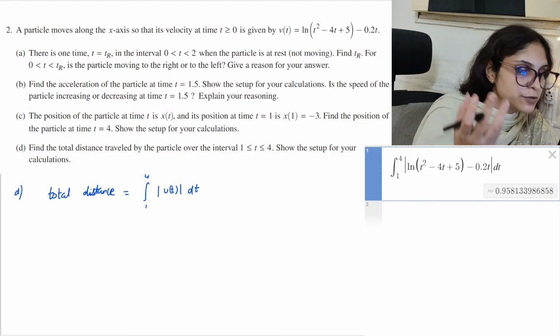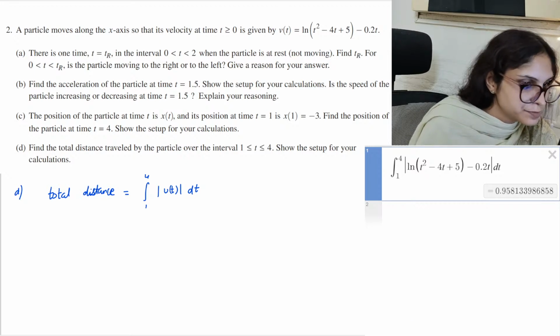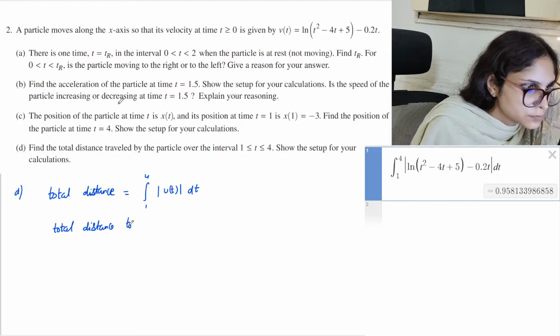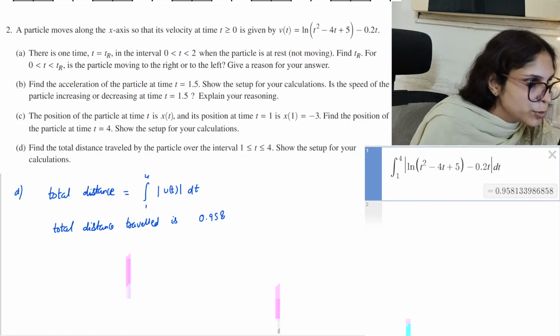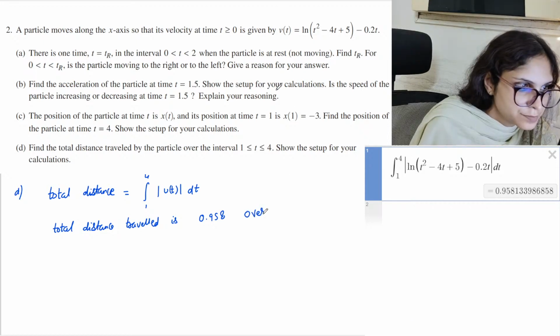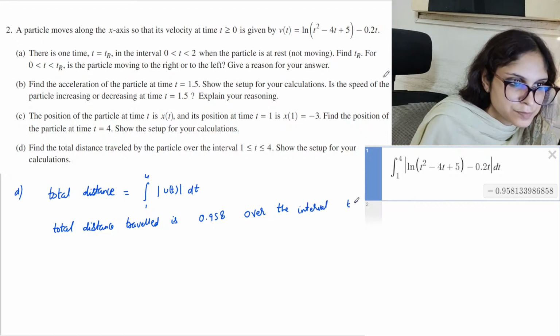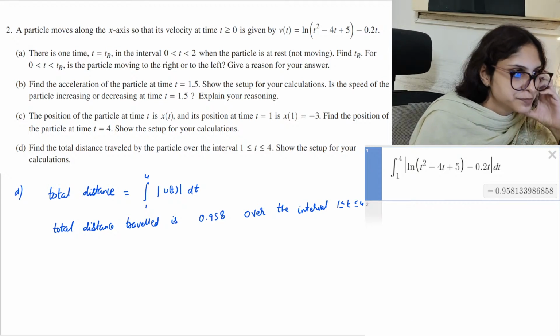So the total distance traveled from time t equal to 1 to time t equal to 4 is 0.958 over the interval t equal to 1 to 4. Got it?